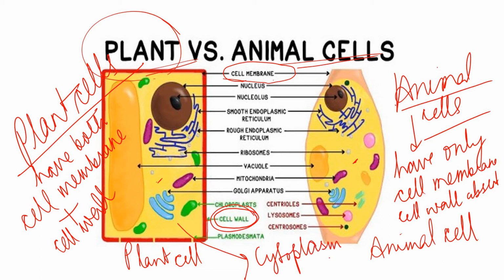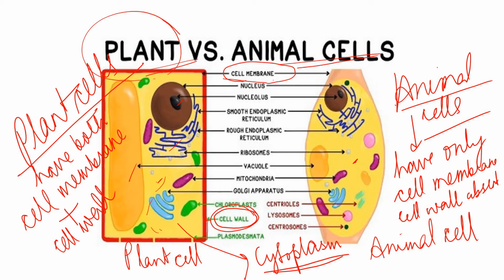It is basically a jelly-like structure, and on this jelly-like structure, each of these cell organelles has a definite structure and definite functions. They are not similar; each of them has a different structure, function and shape, and so they are called organelles. So in plant cells and animal cells, these organelles keep floating in the cytoplasm.